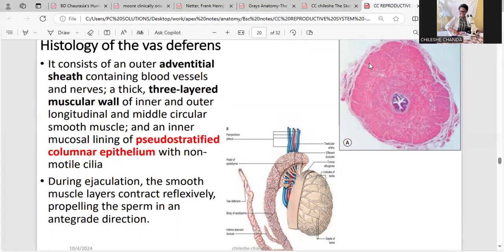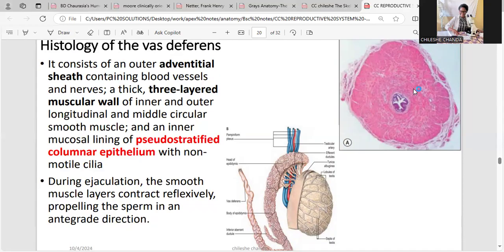Okay, so we're saying it consists of an outer adventitious sheath where there are blood vessels, nerves, and all the things that may need to be coming to the vas deferens. And then there is a thick layer of muscle, a thick muscular layer, all right?